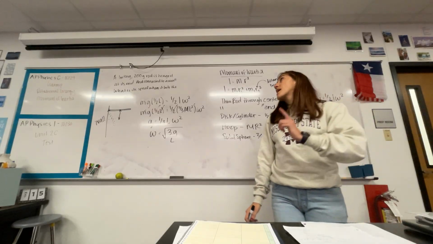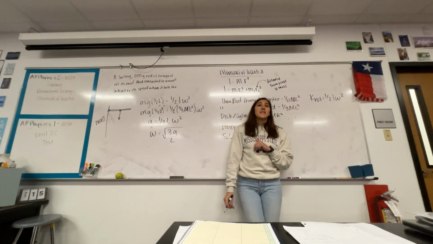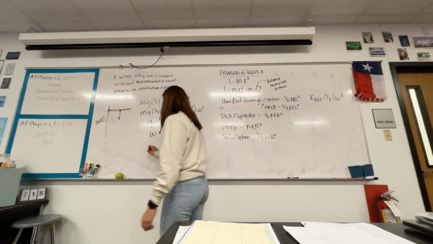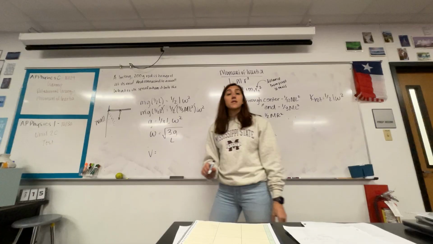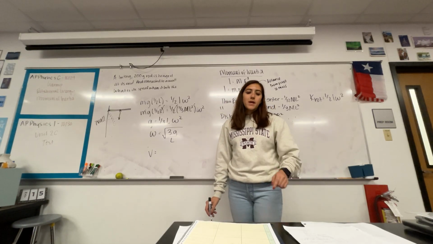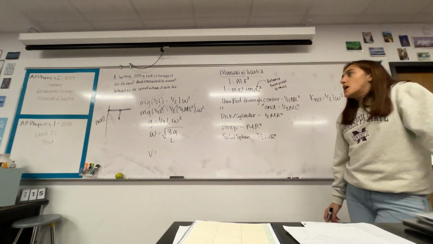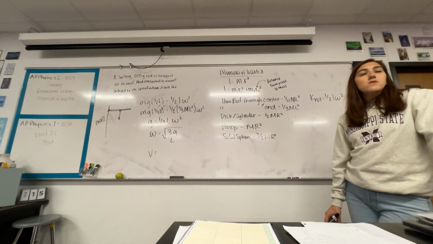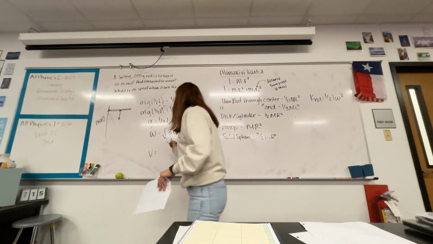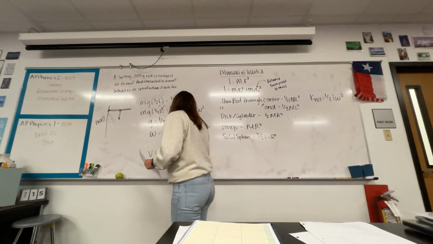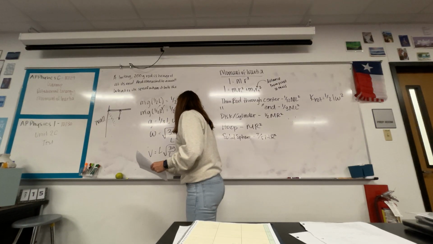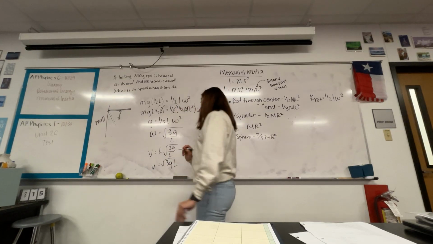It did not ask for angular velocity. It asked for speed. So how do I turn W into V? Times radius, right? Times the radius. So what would the radius in this case be? L. So L times the square root of 3g over L works out to be the square root of 3gL.